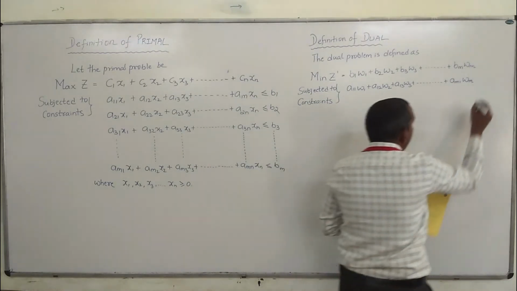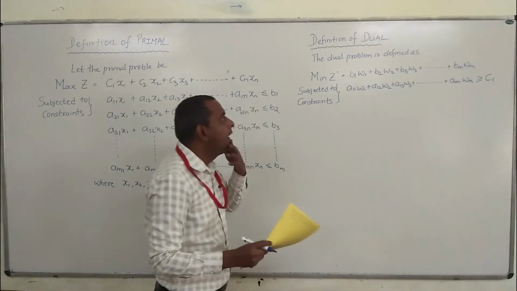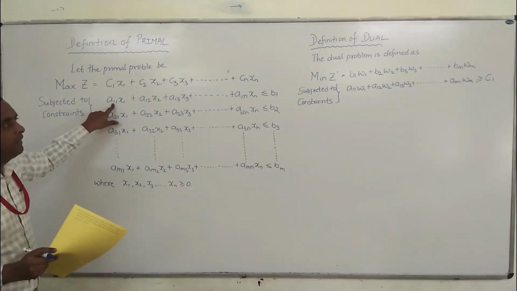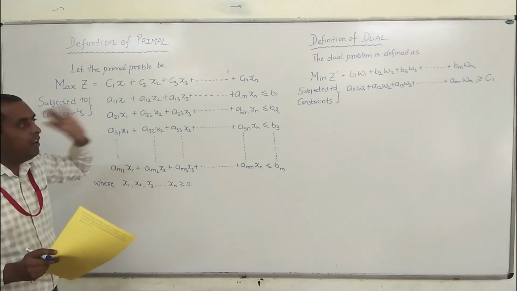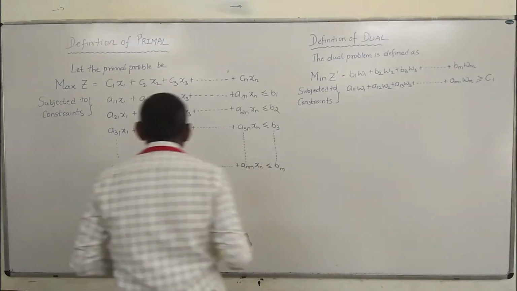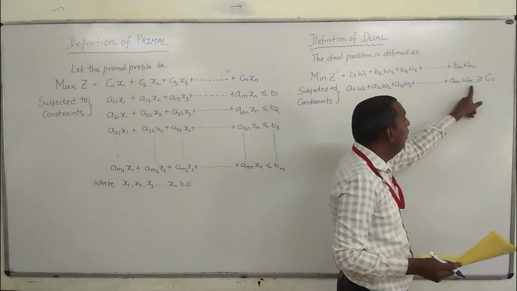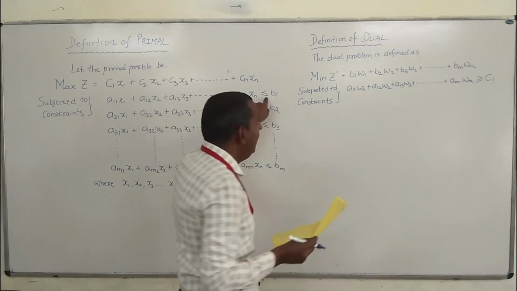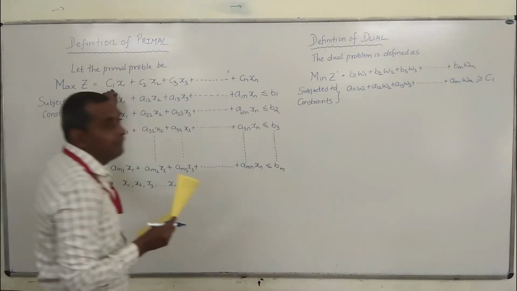Whereas subjected to c1. Remember this: a11, a12, a13 will remain the same. What happens here is that w1, w2, w3 are the new things. And am1 wm is greater than or equal to c1. Here it was less than, now it becomes greater than. What is c1? c1 is nothing but this.